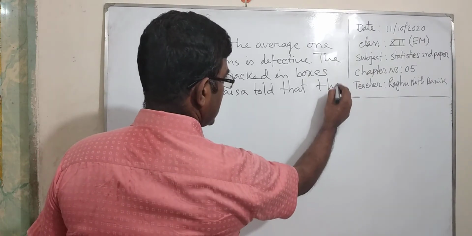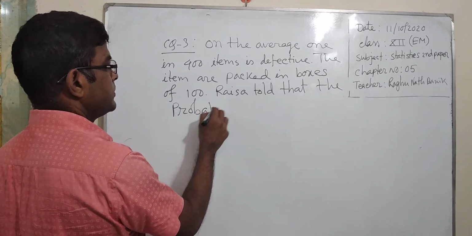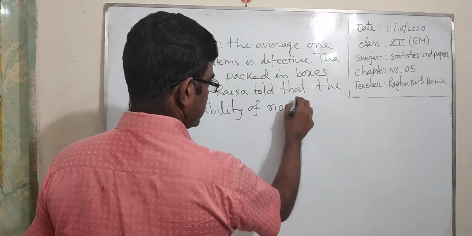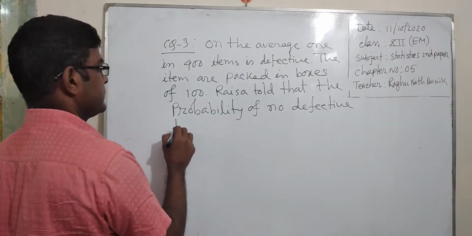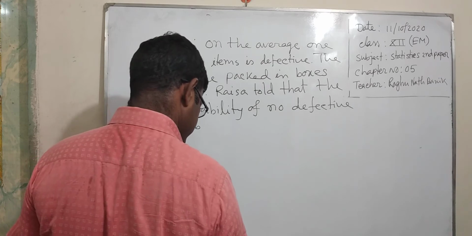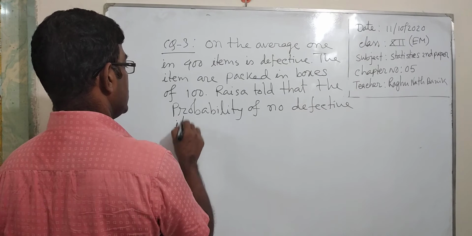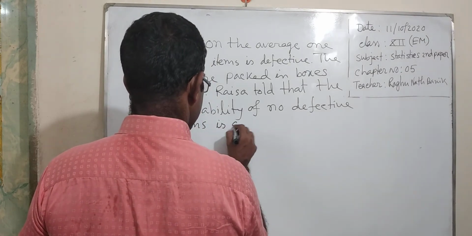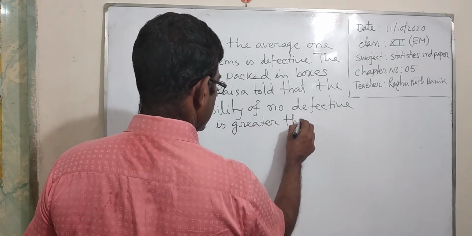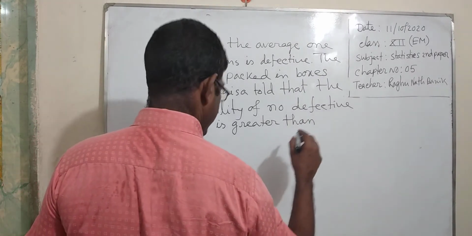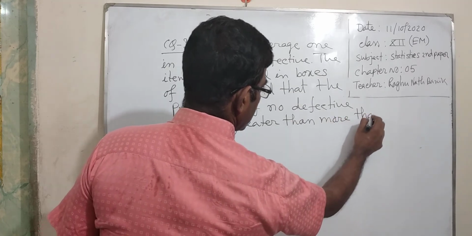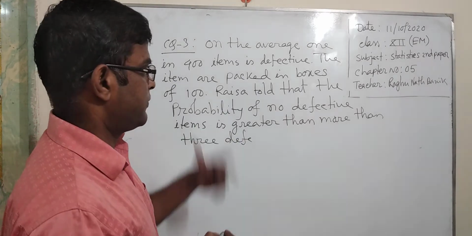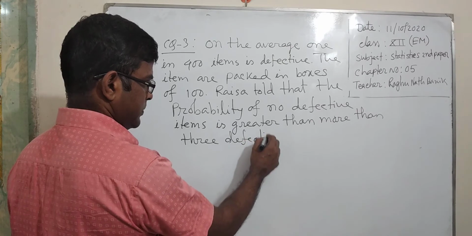The probability of no defective item is greater than the probability of more than 3 defective items. This is the stem of this CQ.